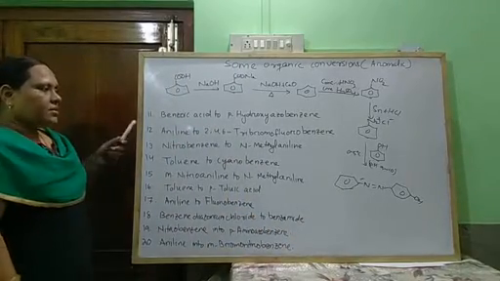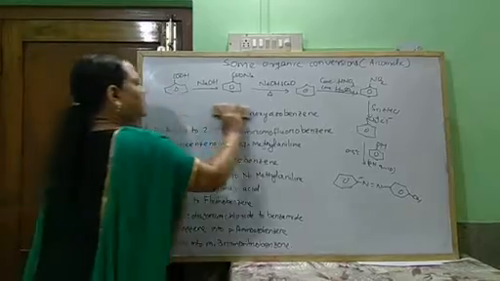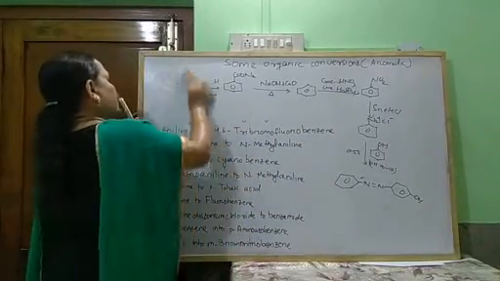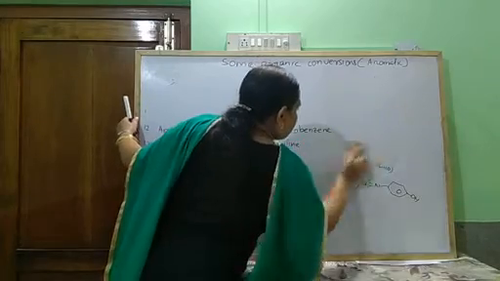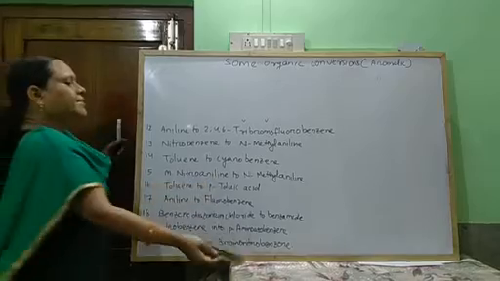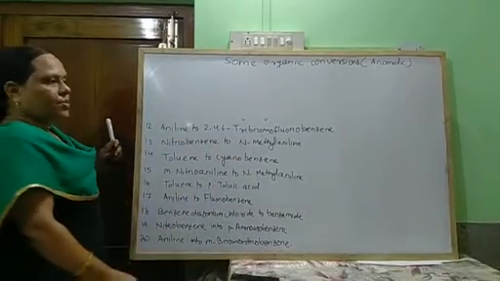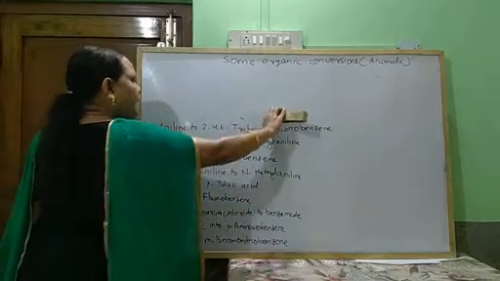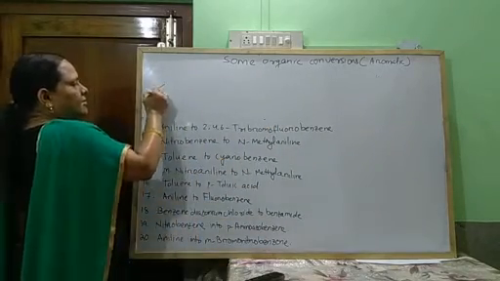Okay. Next come to question number 12. That is aniline to 2,4,6-tribromofluorobenzene. So how to convert this?